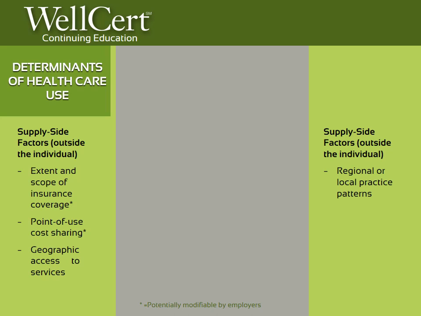So those regional and local practice patterns have evolved over the years to have some areas that have very high levels of utilization and others that have relatively low. The work at the University of Vermont and Dartmouth in terms of what's called the Healthcare Atlas and the differences in Medicare expenses by zip code show us that regional and local practice pattern difference.